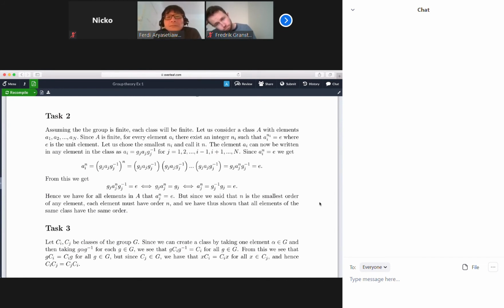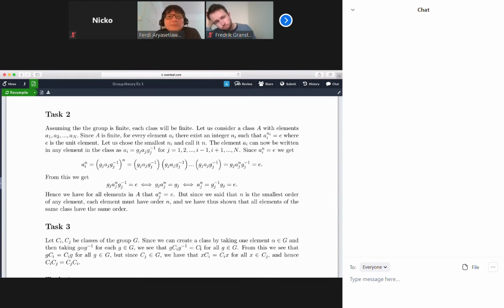We can see this by the fact that for classes of group G, for any element g in group G, g Ci g inverse is equal to Ci. I think we also showed it in the lecture notes, but it's quite clear from the definition of the class that this is true.